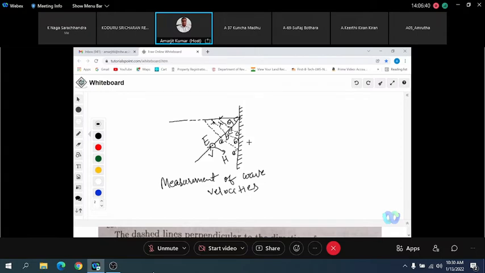So basically you can say that the incident velocity v, the actual velocity v, has two components.